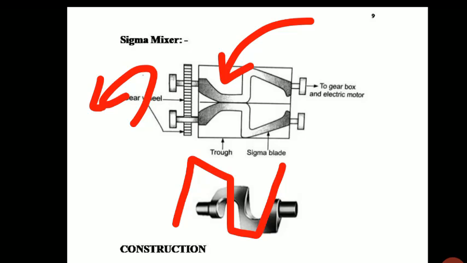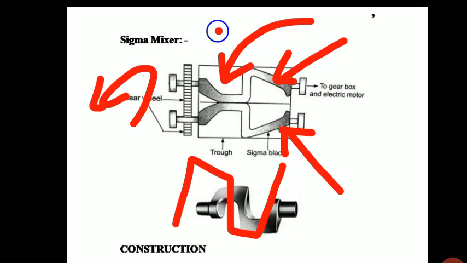They are connected to a fixed speed drive. Two sigma shaped blades, that is Z shaped blades, are fitted horizontally in each trough. This is the trough. Inside the trough, these are fixed.